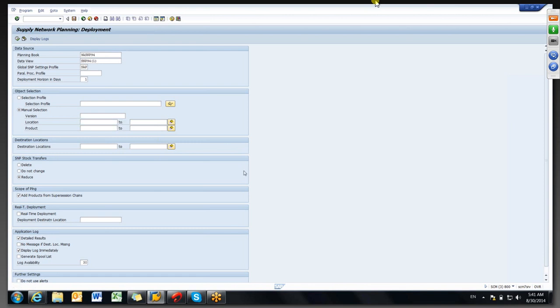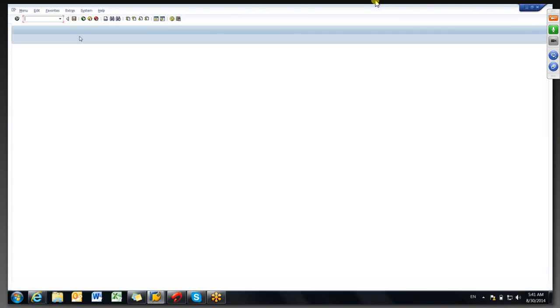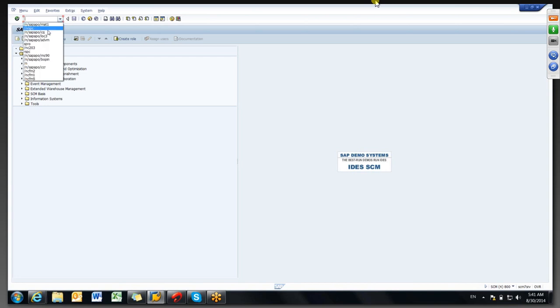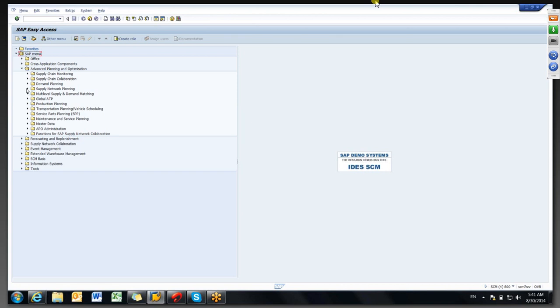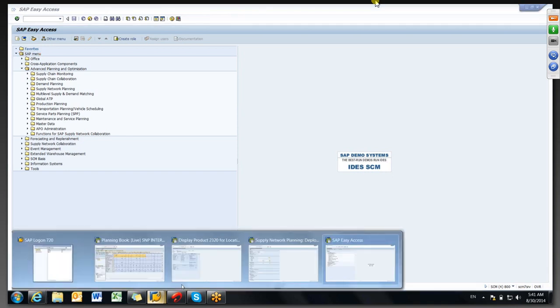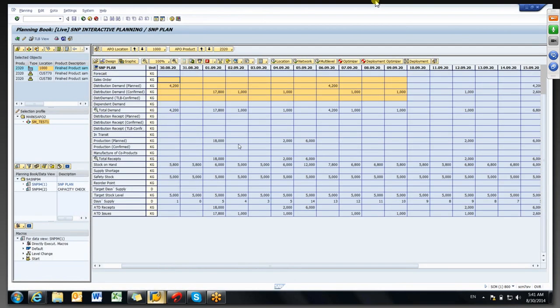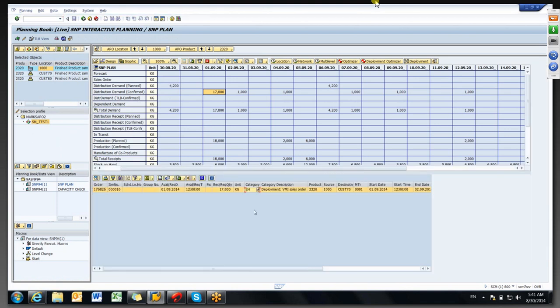Okay, now we'll see the fair share rule in these things. For that, I'll generate a heuristic again. Before that, I need to delete the already converted orders here, so that we can see a new planning.